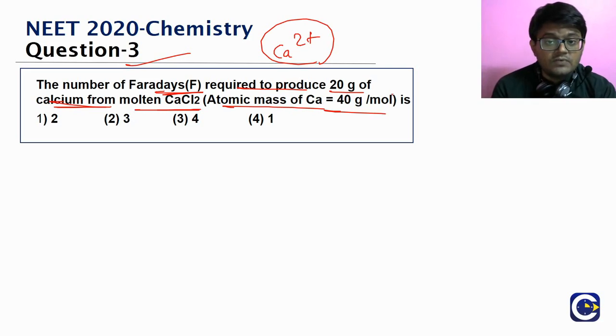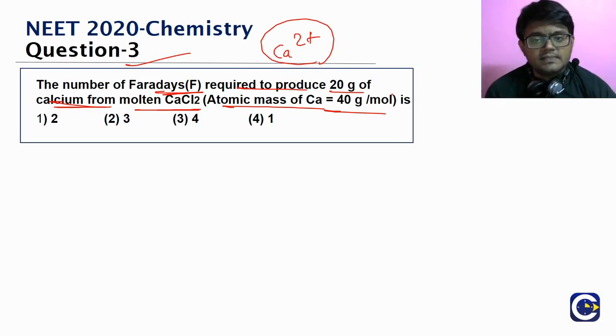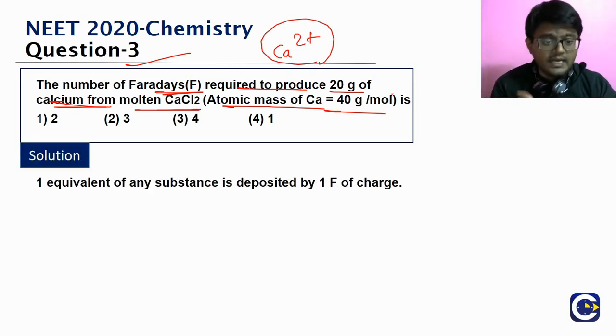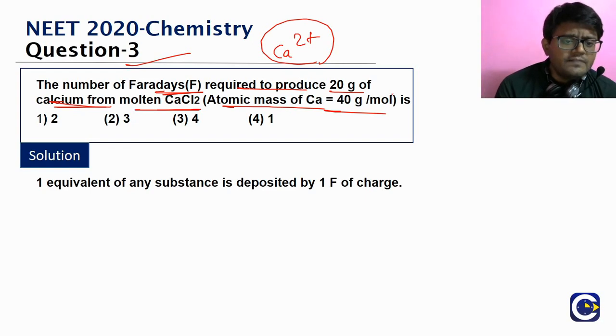What is 1 Faraday of charge? 1 Faraday of charge is the charge on 1 mole of electrons. 1 Faraday of charge will be able to deposit or liberate 1 equivalent of that substance, whether you take the product at the cathode or at the anode. So every 1 Faraday charge, which is the charge on 1 mole of electrons, will be able to liberate 1 equivalent of any substance.